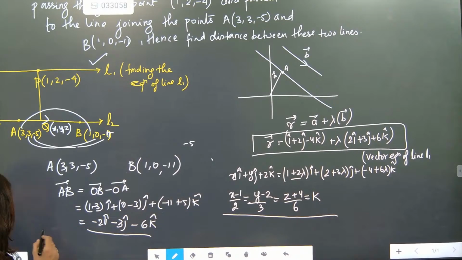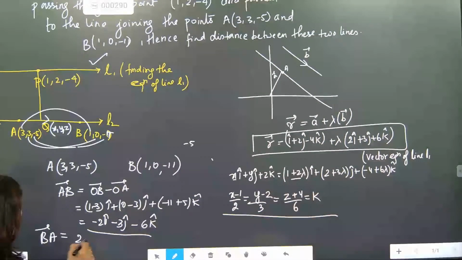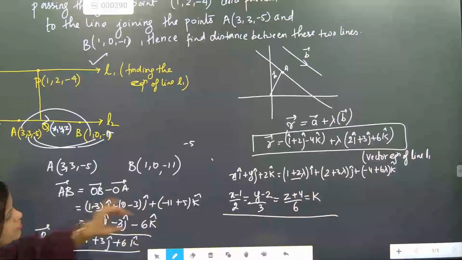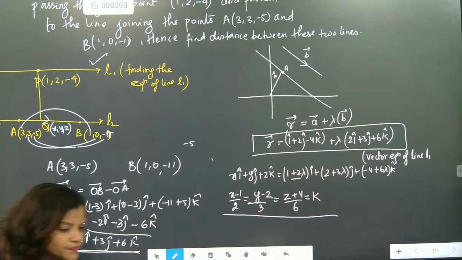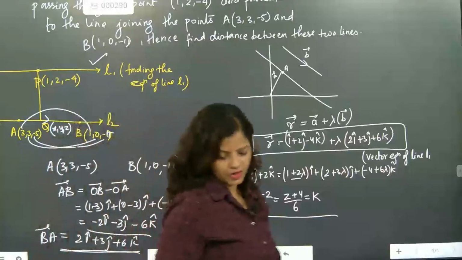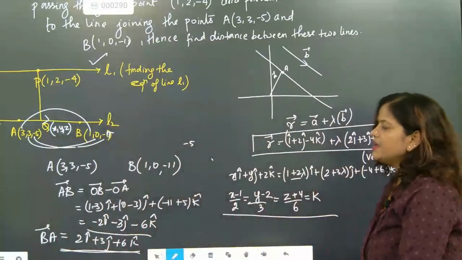If I am writing the BA vector, everything is coming positive with 2i plus 3j plus 6k. Now you are understanding. So this part is correct only. Till here you understood, Rita?